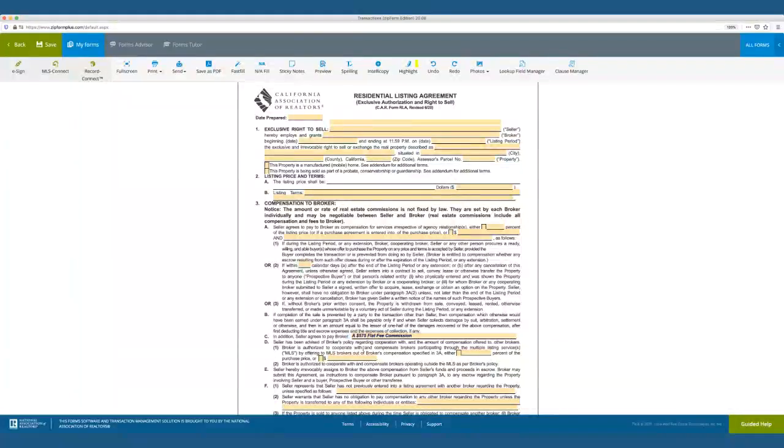And next is where you're going to offer the compensation to the other broker, and like I said, it's a minimum of 2.5%. If you get 6%, do you have to split that in half and give 3% to the cooperating broker?